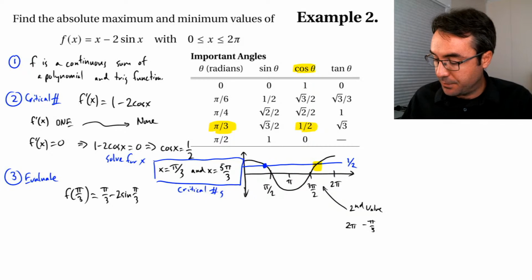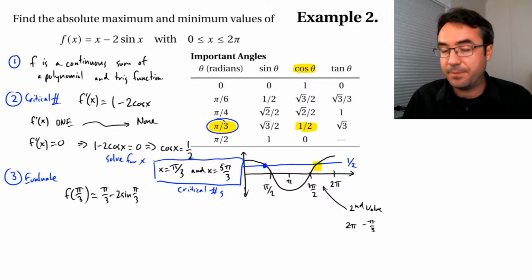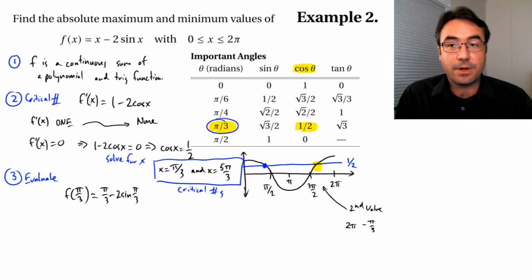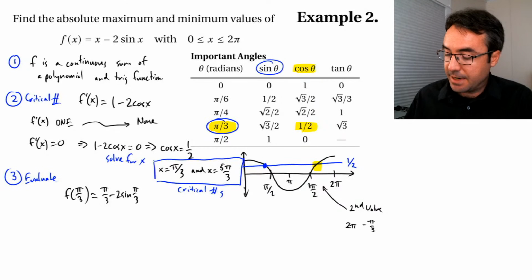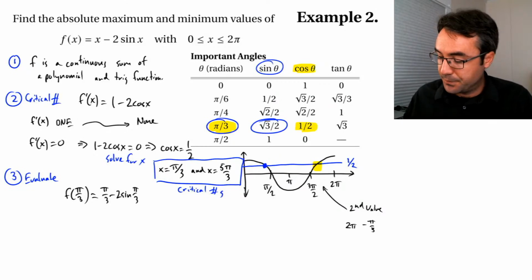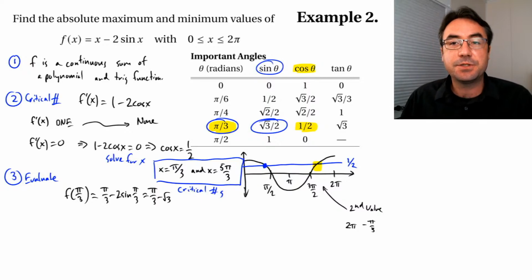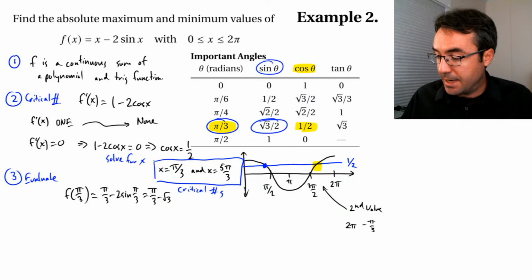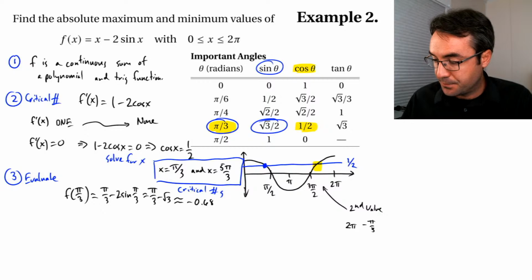If we look it up, we find pi over 3 in our angle column, and the value in the sine column tells us sine of pi over 3 must be square root 3 over 2. So the value of f at pi over 3 is pi over 3 minus square root 3. For comparison purposes, this is approximately negative 0.685.